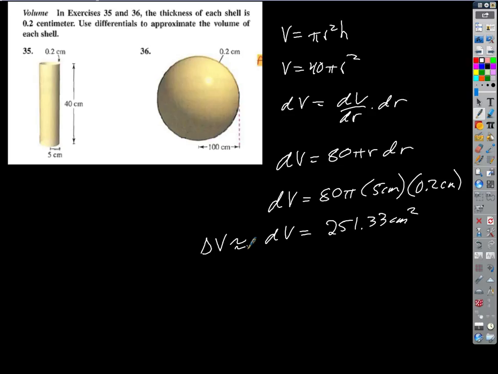In other words, pretend you've got this cylindrical 40 centimeter tall icicle. It's got a certain volume. If I paint on a 0.2 centimeter thick coating of paint, by what percentage, roughly, did the volume of the whole thing increase? Well, adding the paint increased the volume by about 8%.